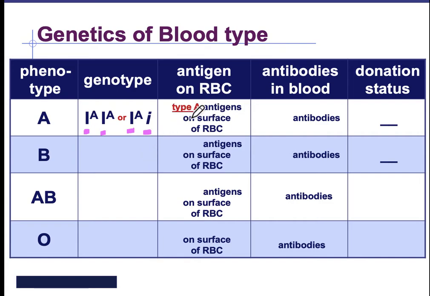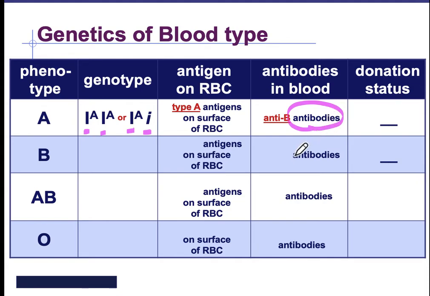You're going to have type A antigens on the surface of your red blood cells, and you're going to have anti-B antibodies. Now, antibodies are what your immune system produces to attack antigens.